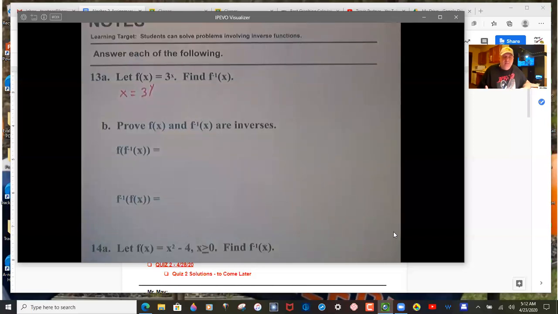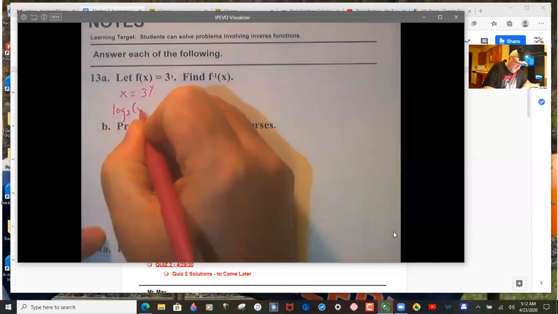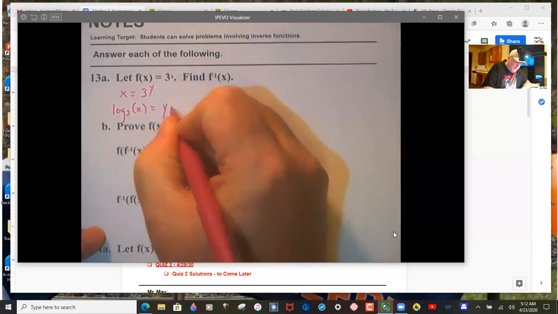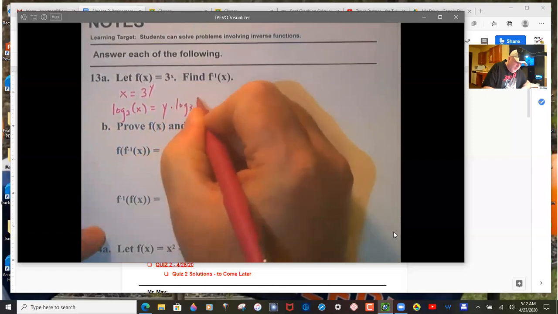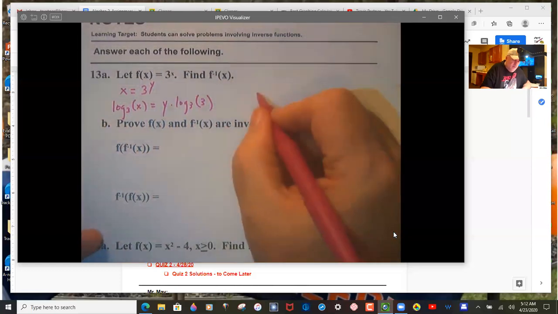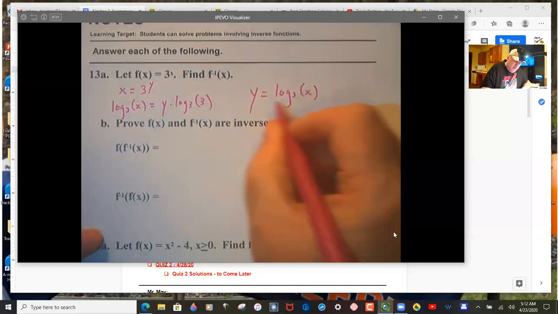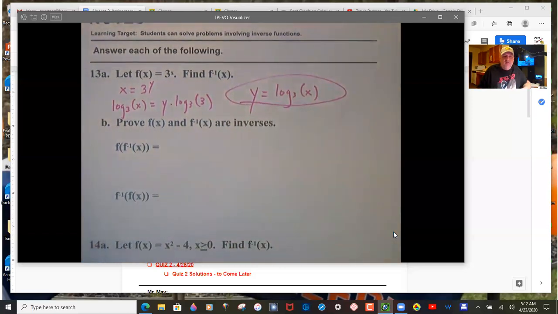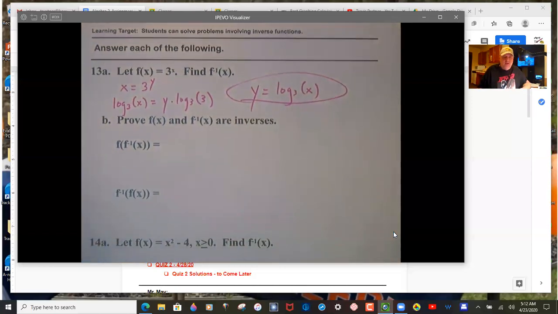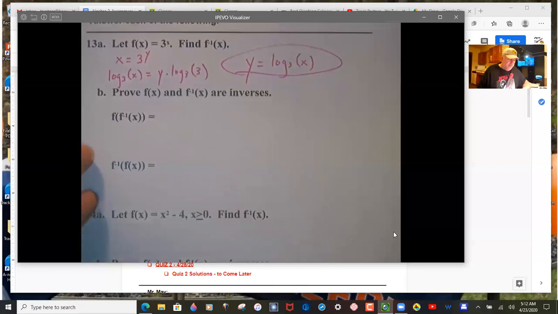So y is in the exponent position. That's going to involve a log on each side, log base 3. So log base 3 of x equals y times log base 3 of 3, which we know is 1. So log base 3 of x is the inverse of y equals 3 to the x. That's something to not forget.